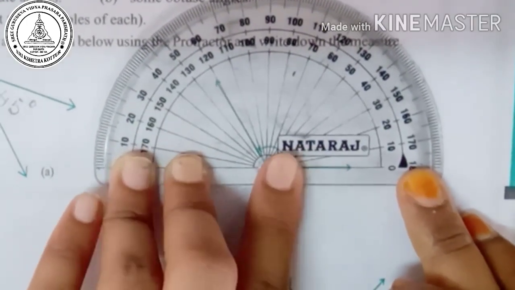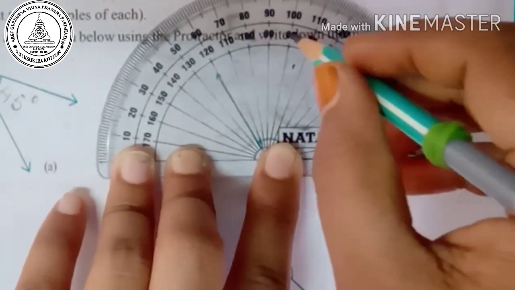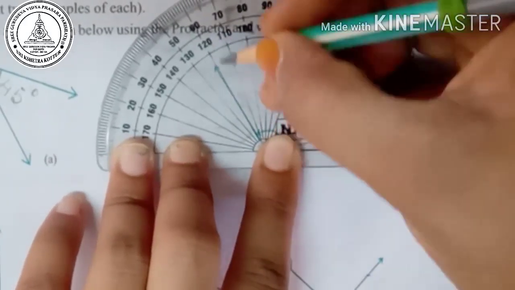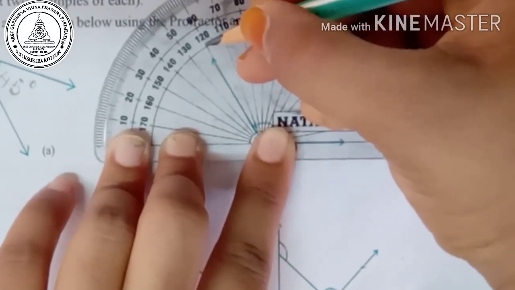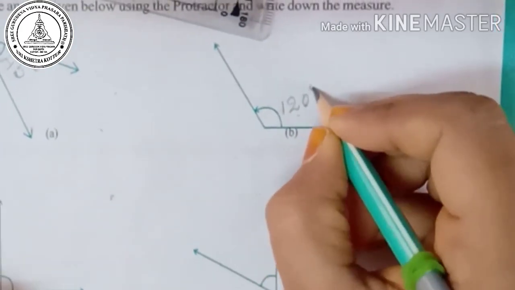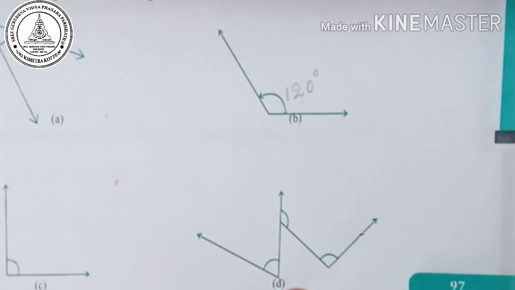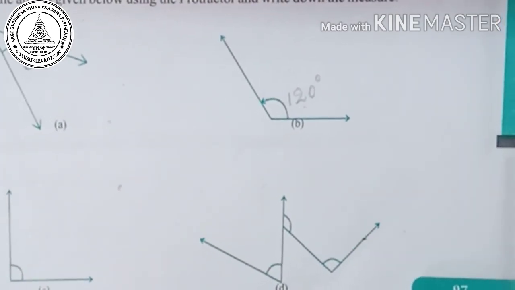Now start counting from 0, 10, 20, 30, 40, 50, 60, 70, 80, 90. It is at the 120. Okay, the angle measures 120 degrees. Like that you have to measure the rest of the two angles.